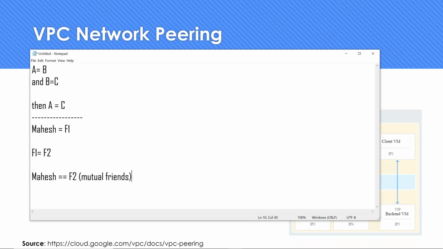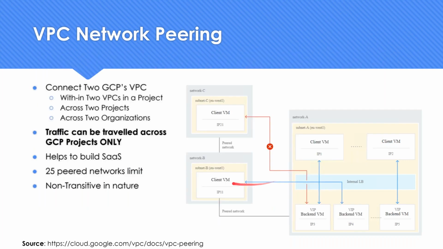Mutual friend concept. This is not going to apply to VPC network peering, and that is where this diagram comes into the picture. You have network A, network B, network C. Now network A and network B are peered. You see this?